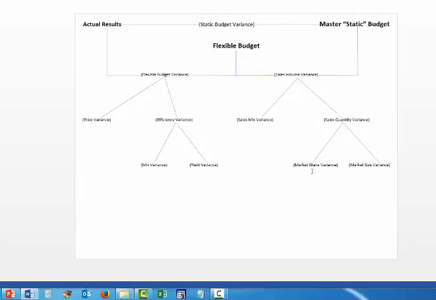Okay, so for some reason our quantity was off because of a change in market share, and so much of it is because of a market size variance. Okay, so the market size was expected to be one thing, but it actually ended up being something else. Our market share was expected to be something, but the results were actually something else. And then notice that our efficiency variance can be broken down into our yield variance and our mix variance.